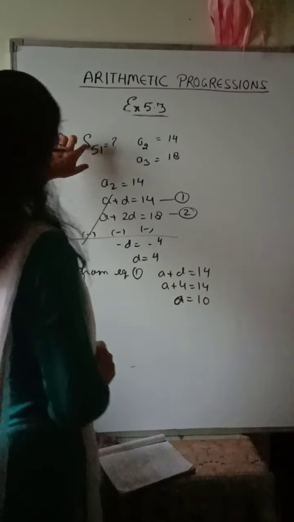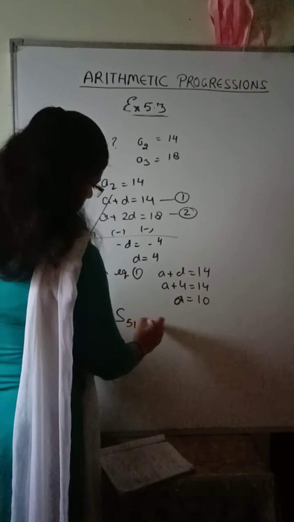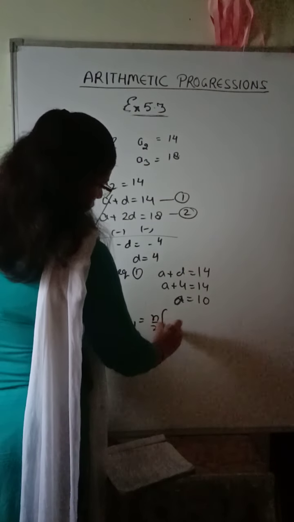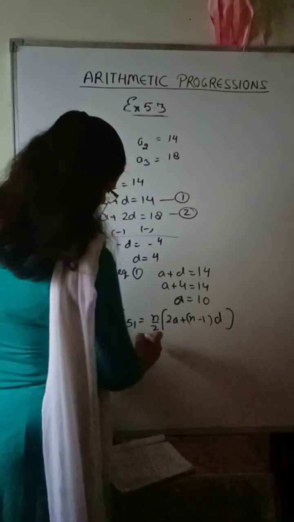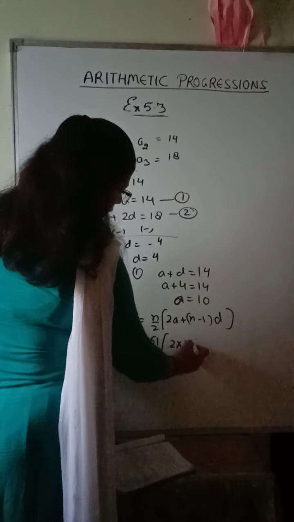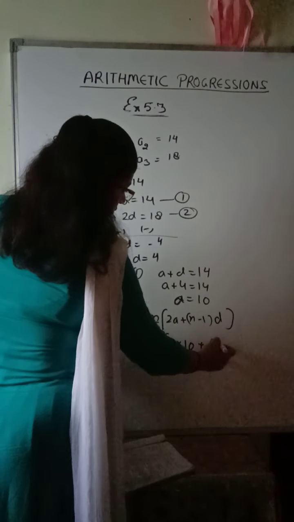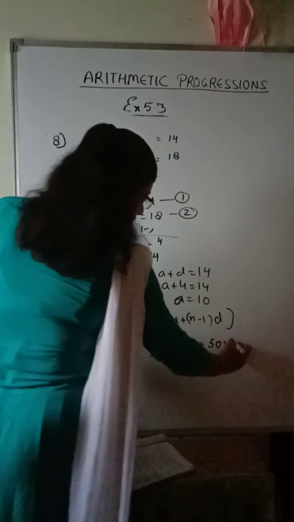So now we can get the value of S51. Therefore, sum of 51 terms is equals to n by 2, 2a plus n minus 1 into d. So n is 51 by 2, 2 into a 10, plus n 51 minus 1, 50, d's value 4.